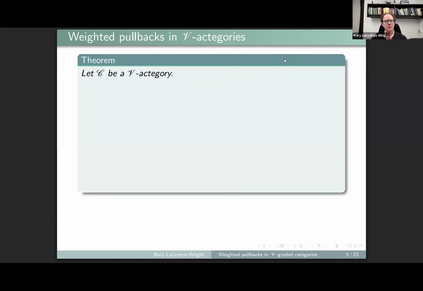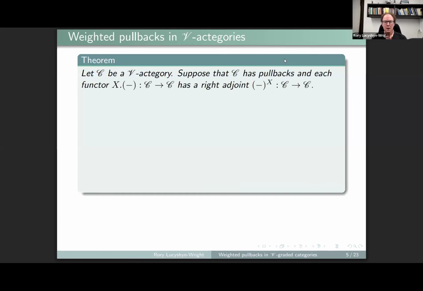Okay, so here's a theorem. Let C be a V-actegory. And let's suppose that C has ordinary pullbacks, and each functor x dot blank from C to C has a right adjoint.